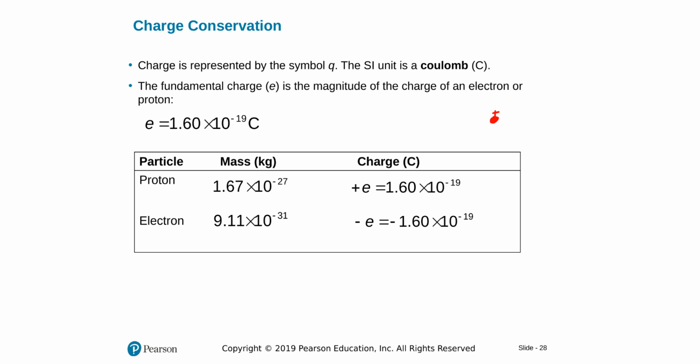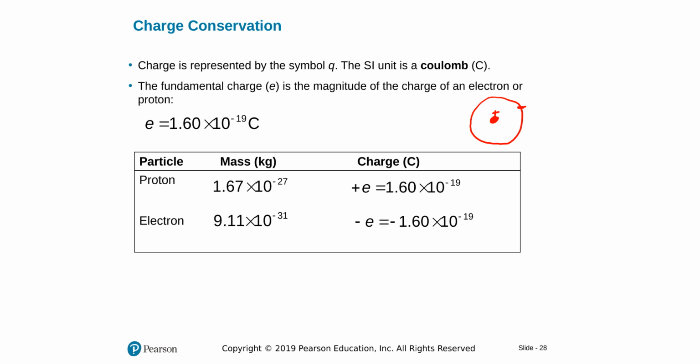So let me represent a proton as a plus and an electron as a minus around the atom. It's actually a kind of cloud, but let's just put one electron.